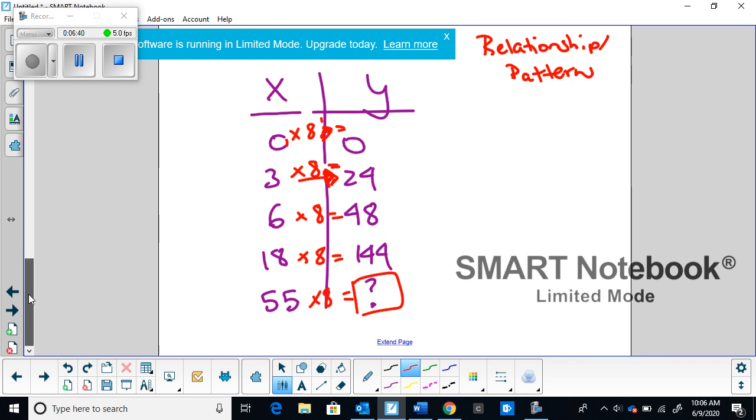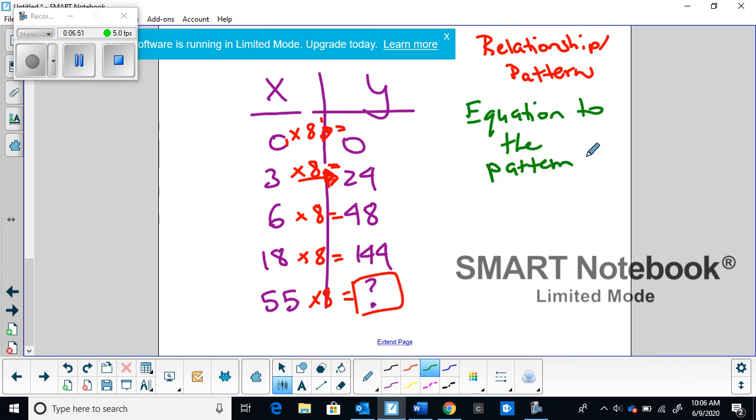Now, just to make sure, let's find an equation that would represent this. What's an equation to the pattern? Let's try and describe it using that x and the y. What did we do to that x value? We multiplied it by 8. So we went x times 8.